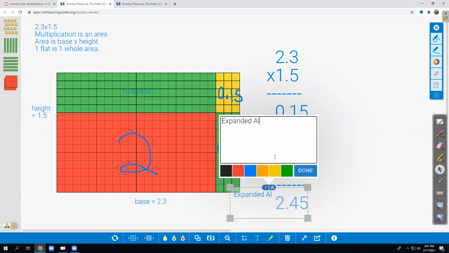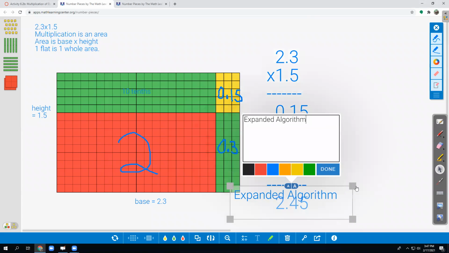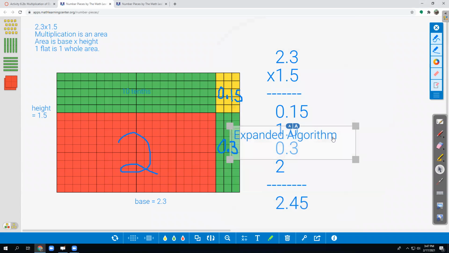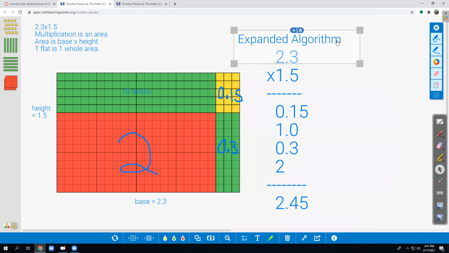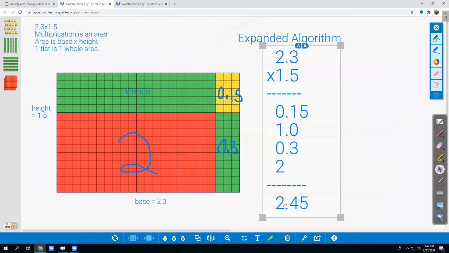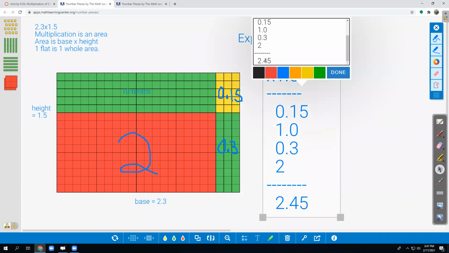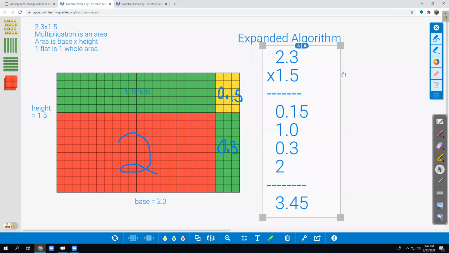Expanded algorithm. Yes, 1 plus 2 is 3, not 2. Thank you so much. All right, cool. That looks better.